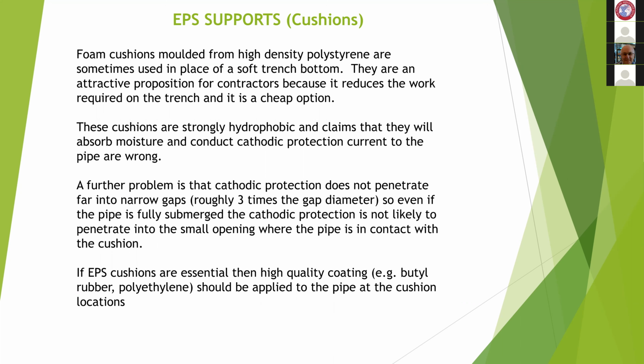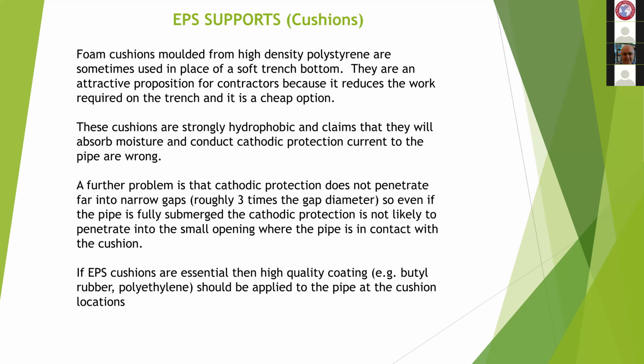And the only path up through the cushion would be through the random small voids that are introduced during the manufacturing process when they throw in bits of carbon. And the capillary action of those will never be enough to get any water to the top of the cushion to provide the cathodic protection.